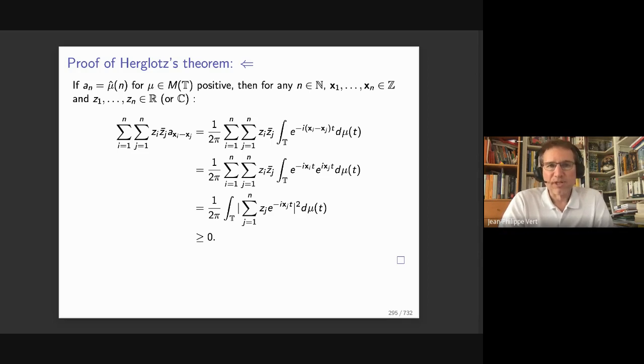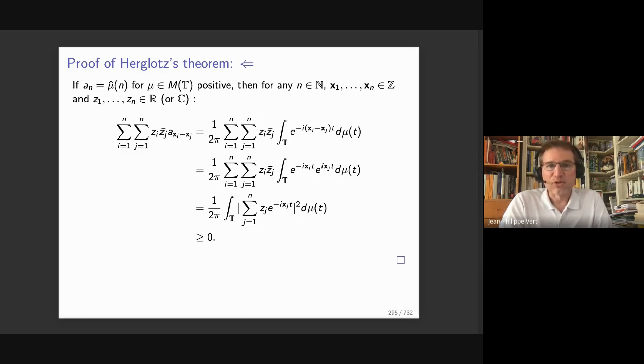So this is what we do here. We replace the kernel between x_i and x_j by a of x_i minus x_j, because this is the definition of the kernel. Notice that here I consider, even though the z are real numbers, the proof would work even if they are complex numbers. So it's slightly easier to manipulate complex numbers here instead of sines and cosines. So I put z_i times z_j conjugate, but think of it as just the same without a bar for z.